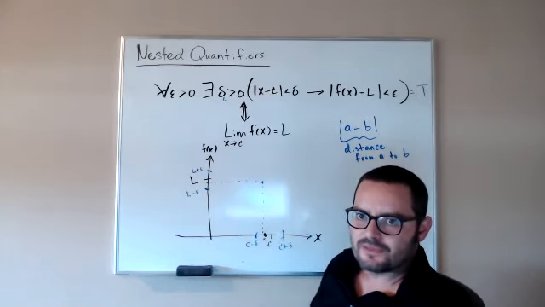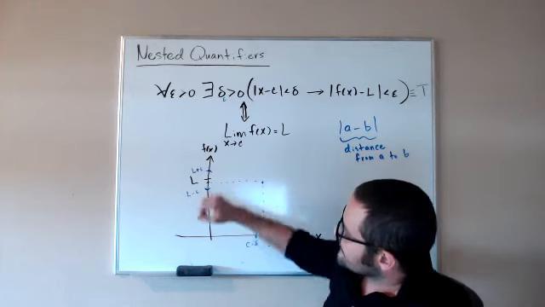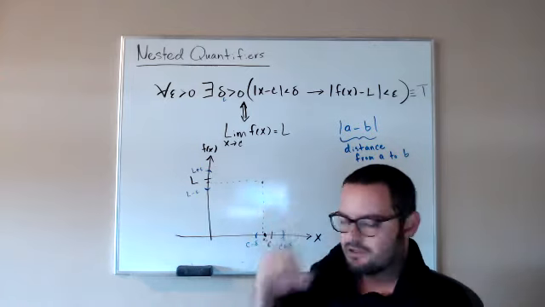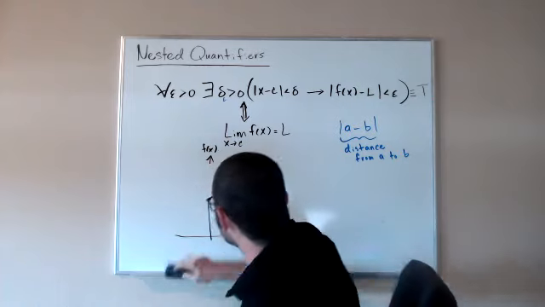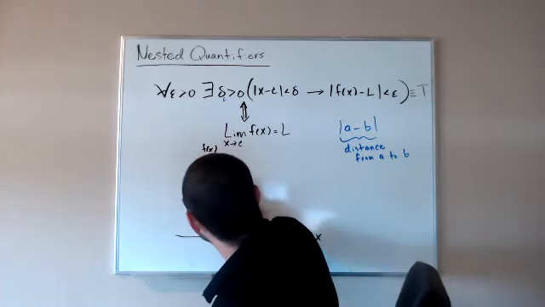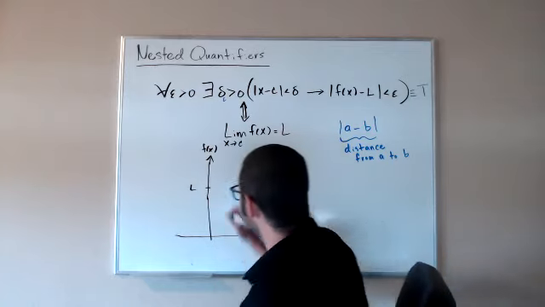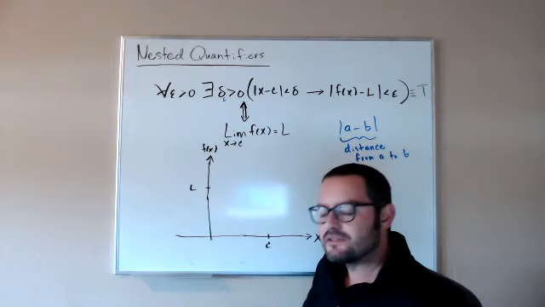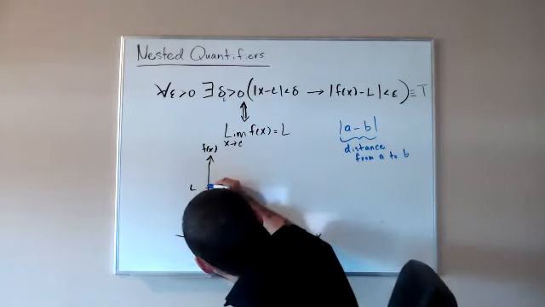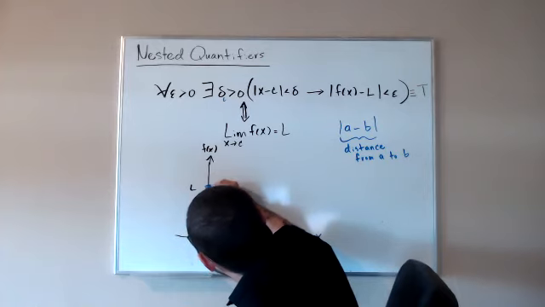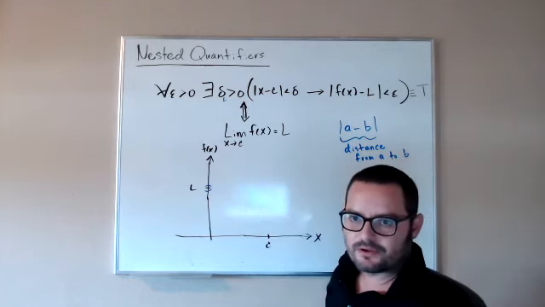Now this is interesting because we picked a kind of big epsilon. But what if, here's L again, here's C, we picked a really tiny, minuscule epsilon, plus or minus epsilon right there?